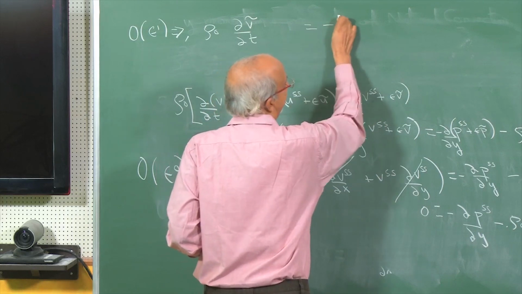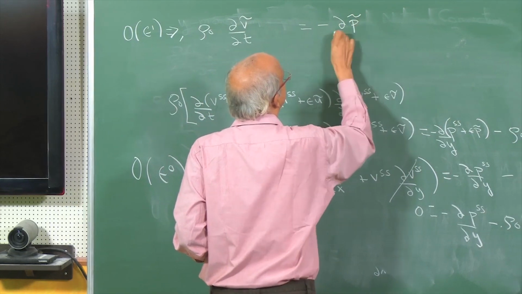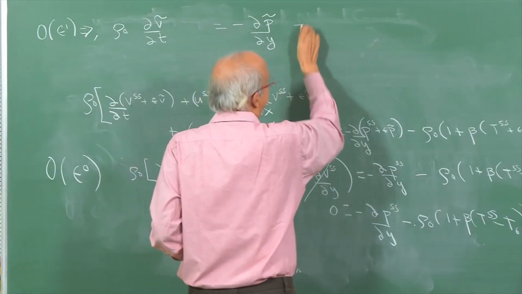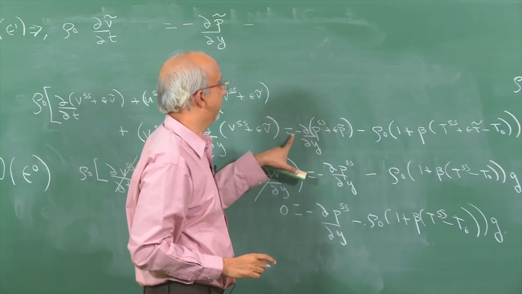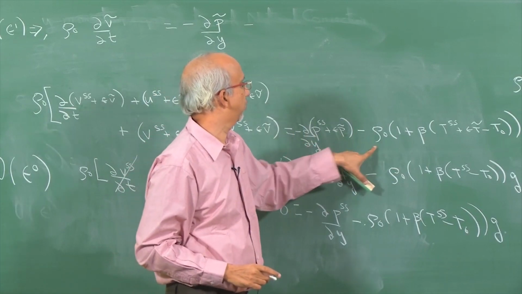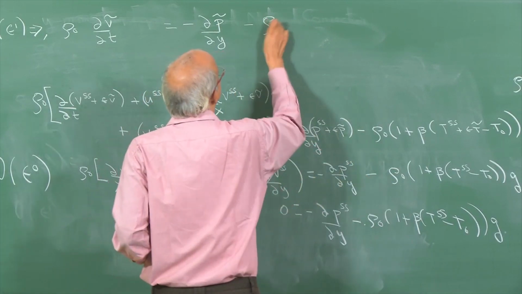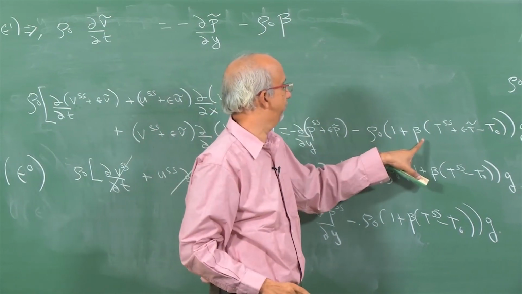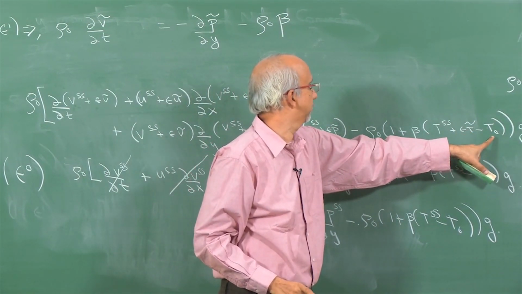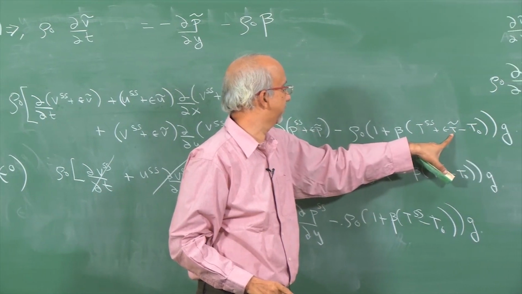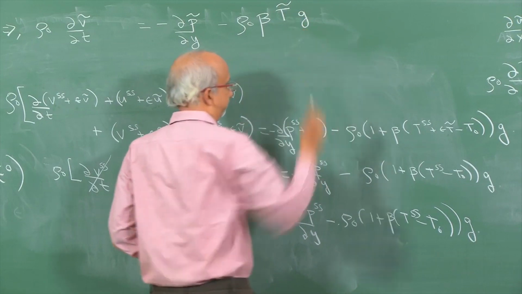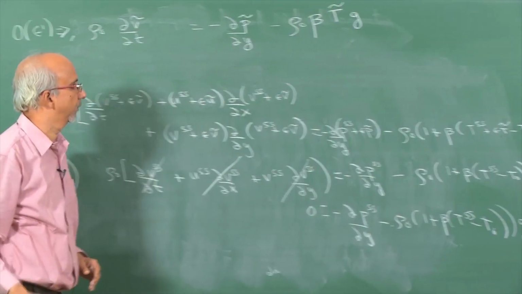What I get is minus dP tilde by dy minus, that is this term here, minus rho naught into beta minus rho naught into beta times T naught. So, because there is a negative times T tilde times G, okay.